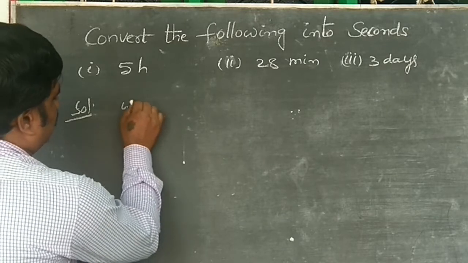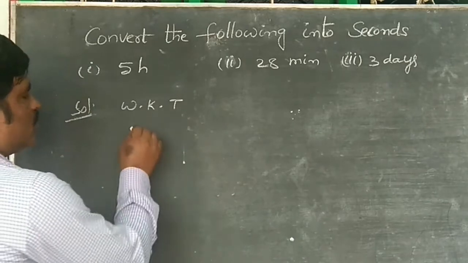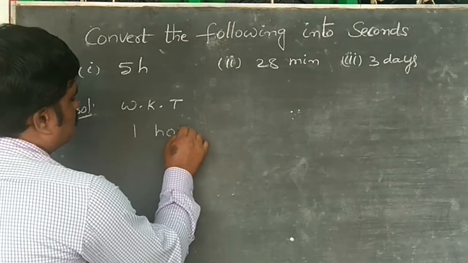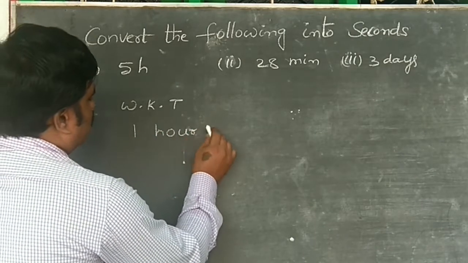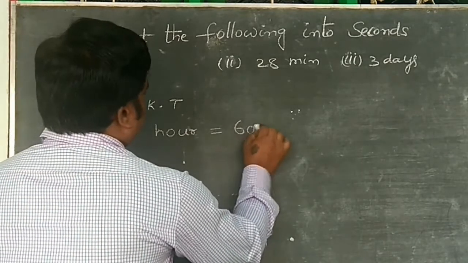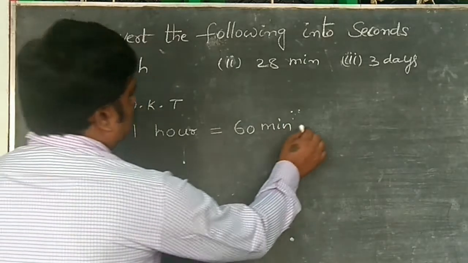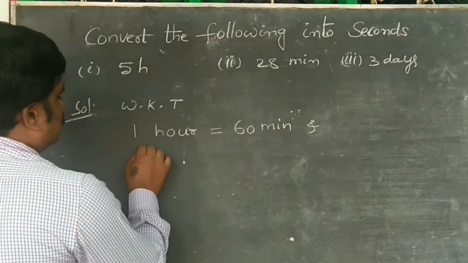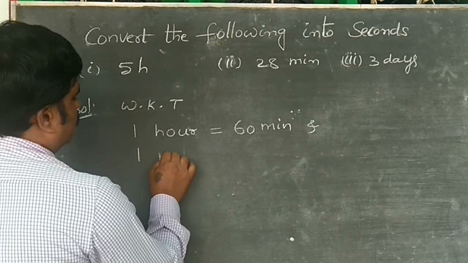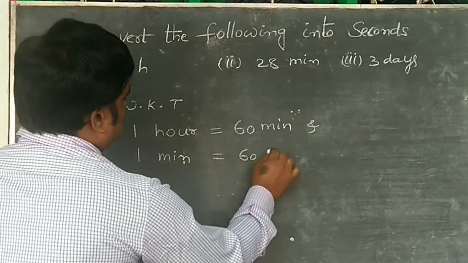Already we know that 1 hour is equal to 60 minutes, and 1 minute is equal to 60 seconds.